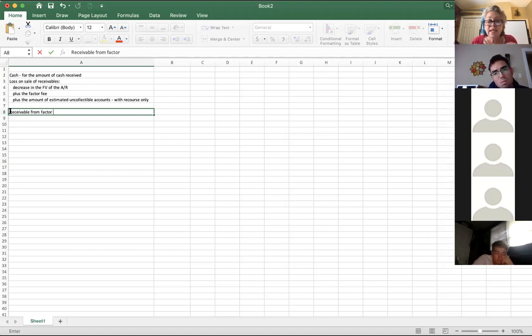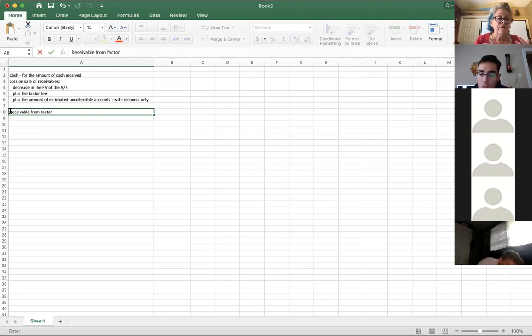And you're going to see in these contracts, whether it is with recourse or without recourse, that the factor is going to withhold a certain percentage. When you sell the receivables, they're only going to give you a certain percentage of your receivables on the day that you sell them. They're going to withhold a certain amount just for their protection, okay?